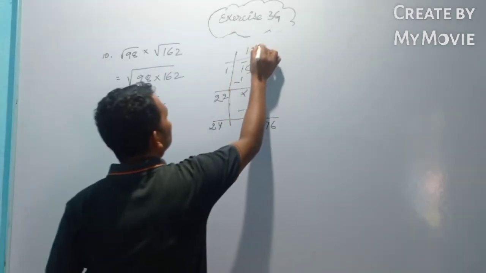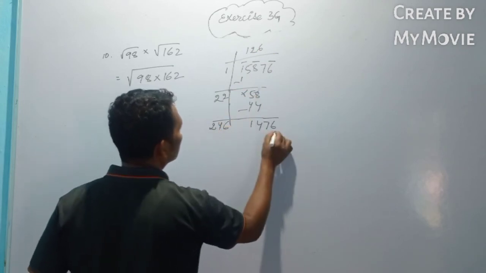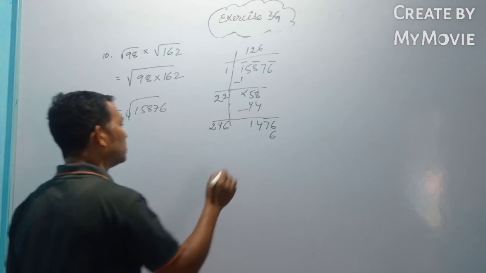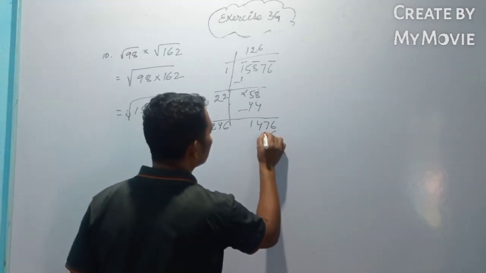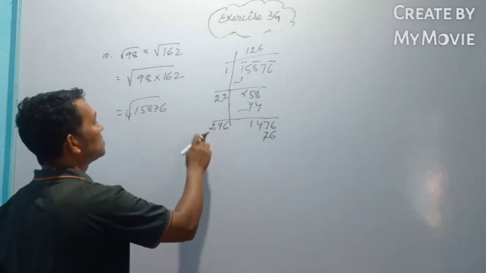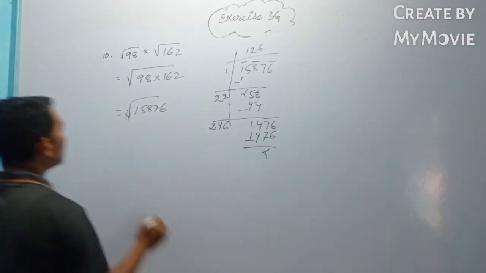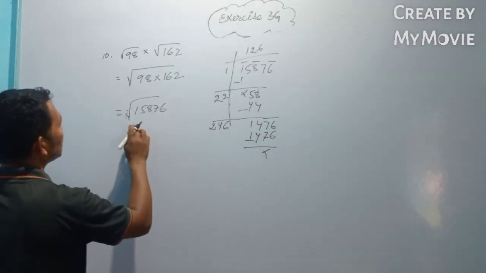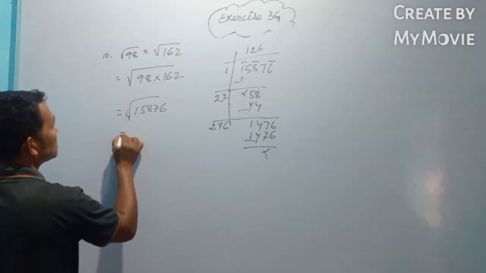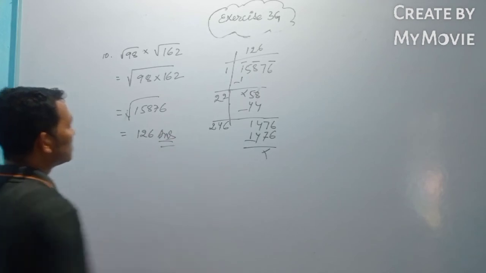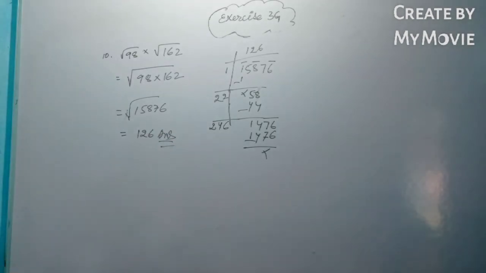Now 6 6s are 36, 6 4s are 24, 24 plus 3 is 27, 6 2s are 12, 12 plus 2 is 14. So square root of 15,876 is equal to 126. This is the answer.